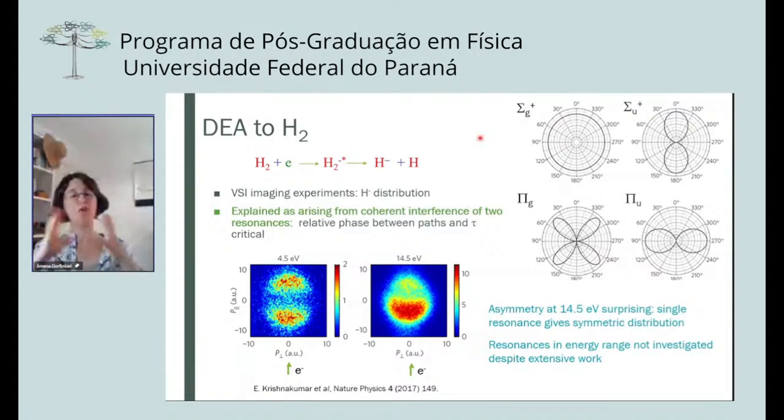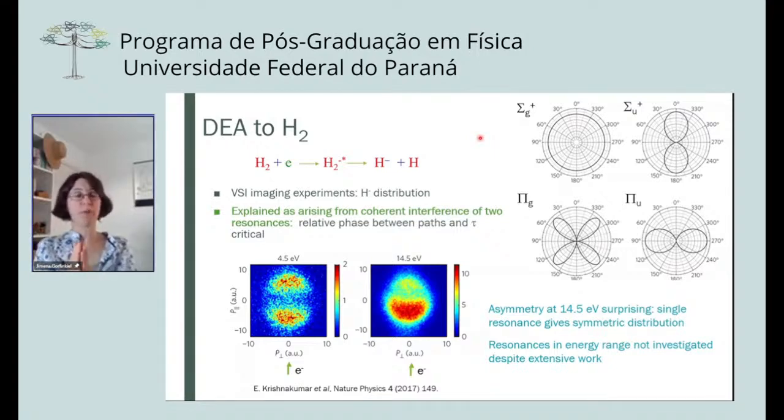They sent a beam of electrons of a specific energy to interact with the gas of H2 and then measured the H- that were being produced and in which direction, with respect to the incident electron beam, the H- was being ejected.